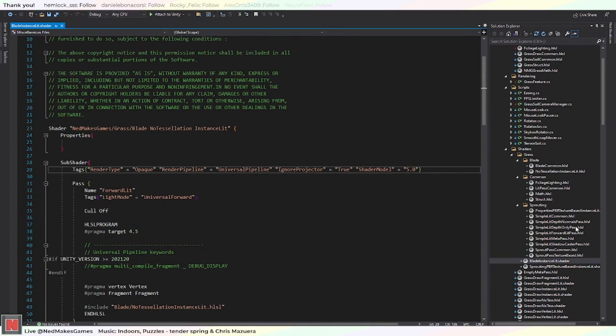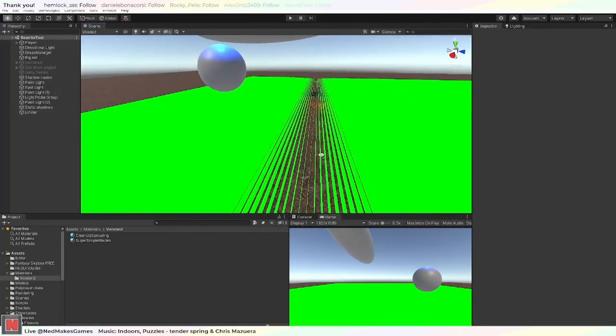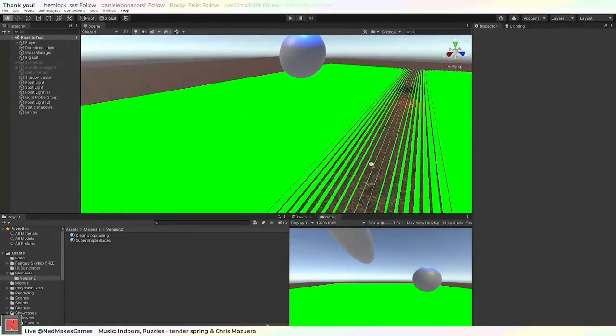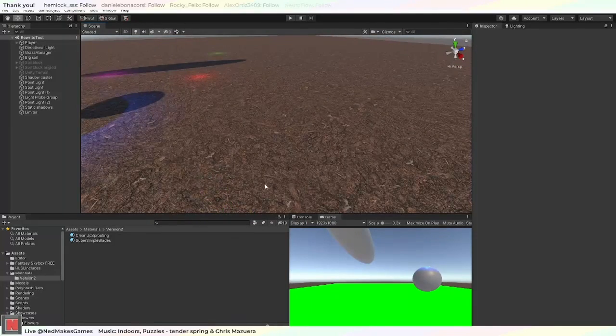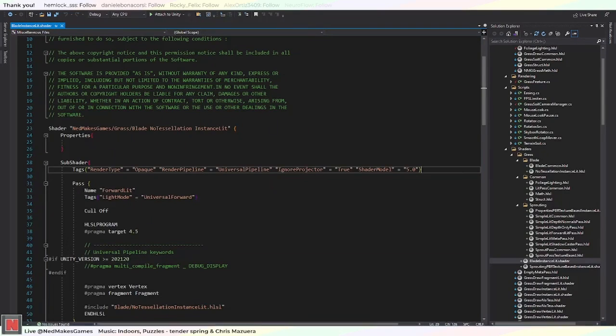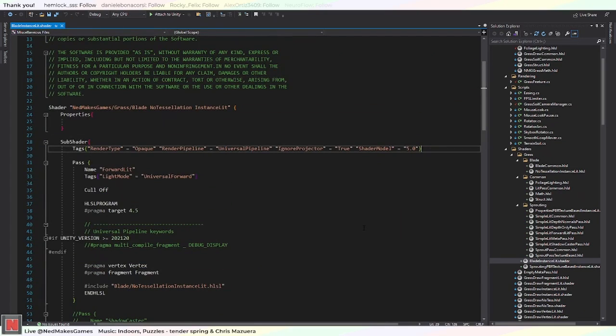But okay, so what should we do first? Let's maybe do really simple lighting. So I'll just do get main light dot the normal vector. I was going to say this is not going to have double-sided lighting, but we can fix that later.